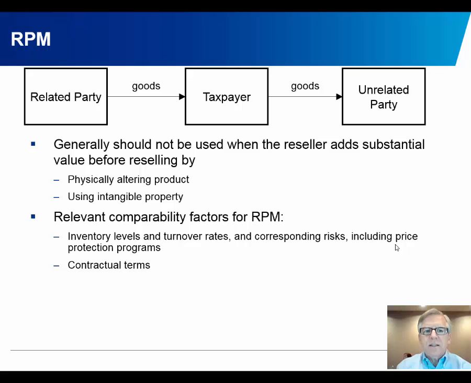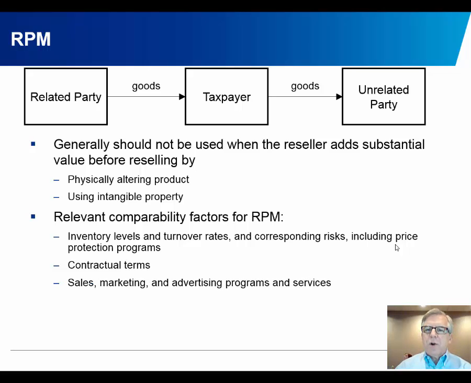You want to be cognizant of the contractual terms. How much gross margin someone's going to need to earn is quite different if they have to pay their invoices within 30 days versus, say, 90 or 120 days. The time value of money is going to affect how much they're willing to pay in COGS for the product that they're receiving.